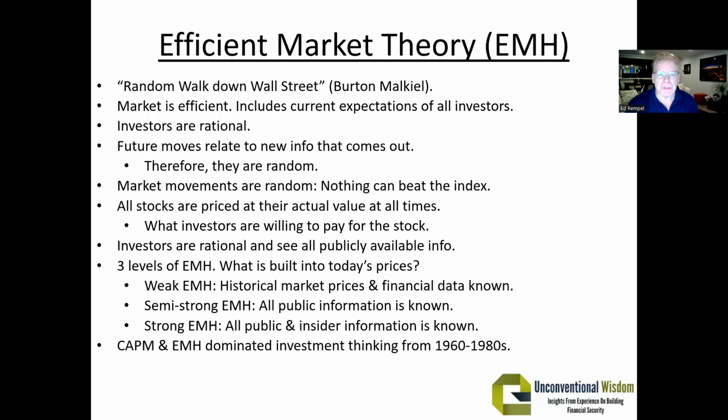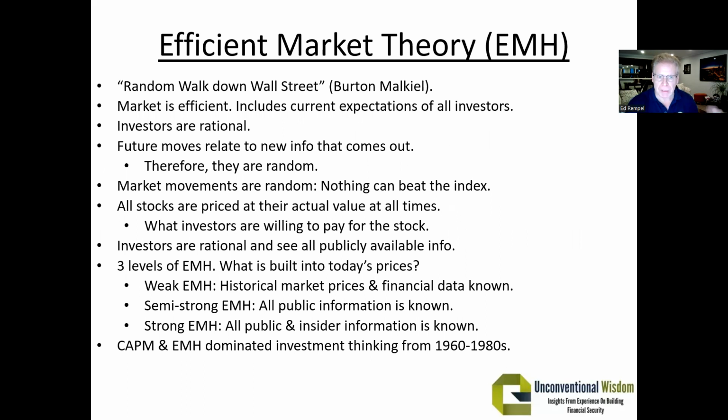Now, what that led to is the next level, which is the efficient market theory, often called EMH, and the two of them are often thought to be quite related. There's a book called A Random Walk Down Wall Street by Burton Malkiel, which talked about this quite a bit. Basically, the idea is that the market is efficient. All the current investment expectations of all investors make up the current market prices.